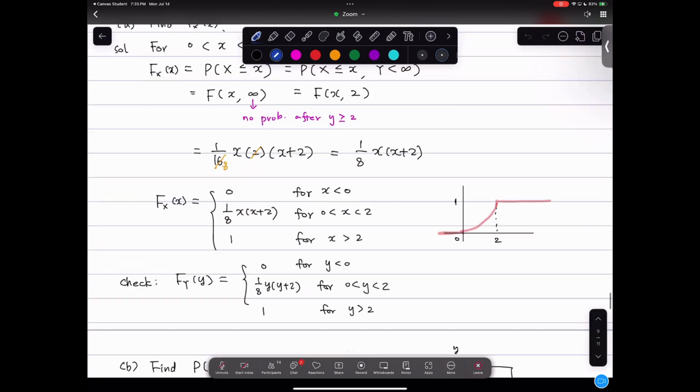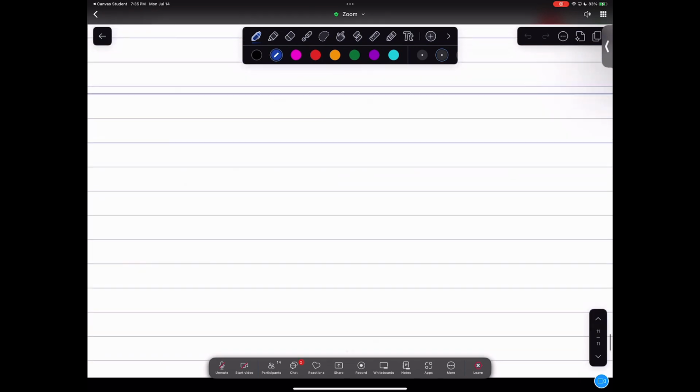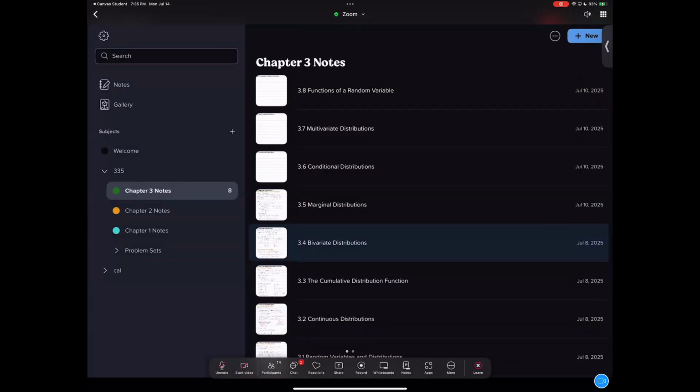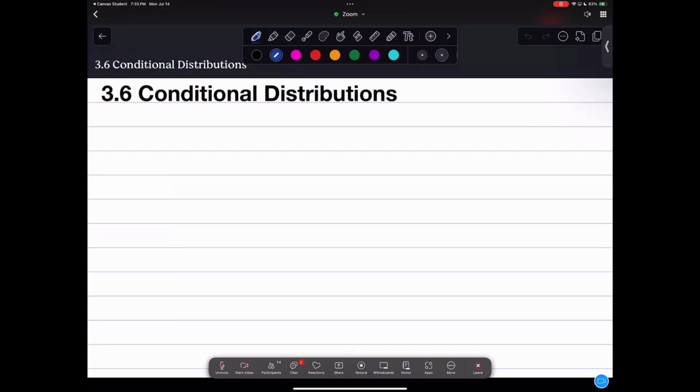So now let's add 3.6, conditional distribution. You have to be very careful when you do the calculation of it. Let me remind you what this is about. It's a conditional probability. When we have the probability of event A given event B, out of all B, so P of B is in the denominator.